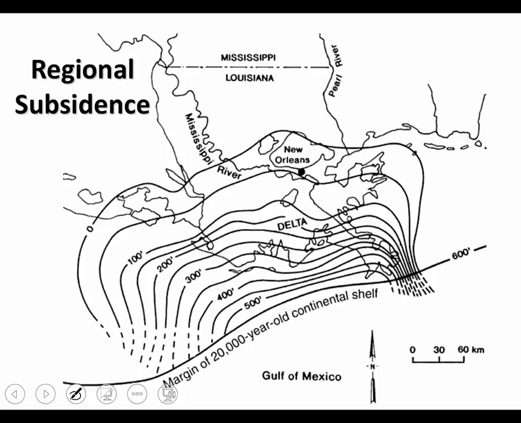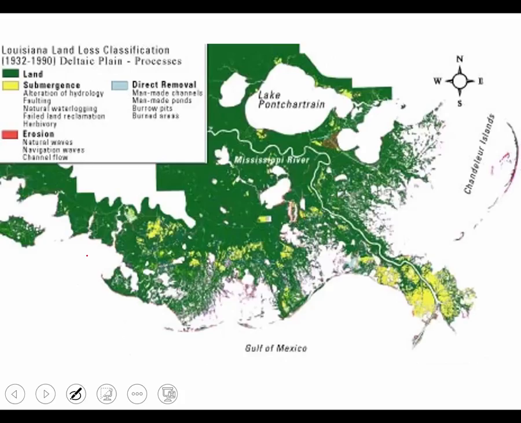Now, in the case of New Orleans, it's kind of controversial in part because there is regional subsidence going on in the Gulf Coast, and that is due to salt withdrawal and to a lesser extent sea level rise. And the argument is how much of one versus the other goes on today. But the other thing is the subsidence, whatever the cause, is causing a huge loss of marshland.